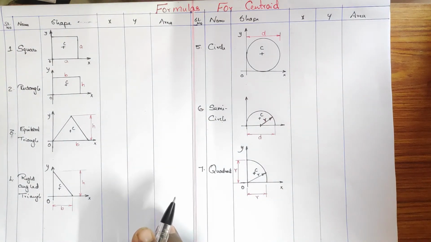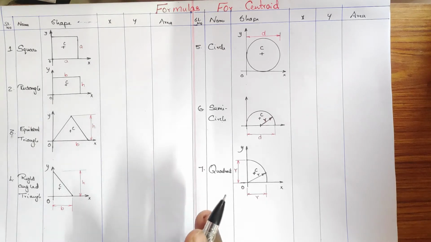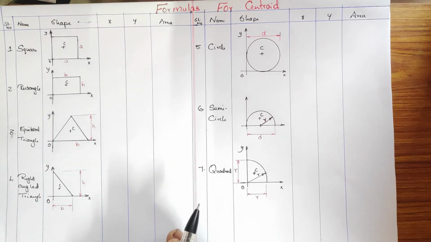These are the basic structures we will have in real components. By understanding these centroids, we can find the centroid of a complicated or combined object. Let us start with the square first.